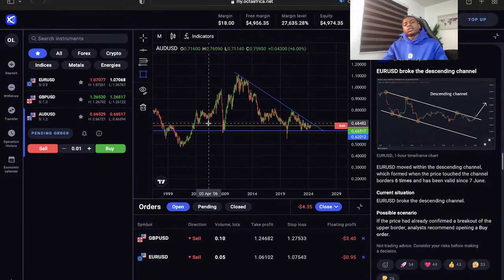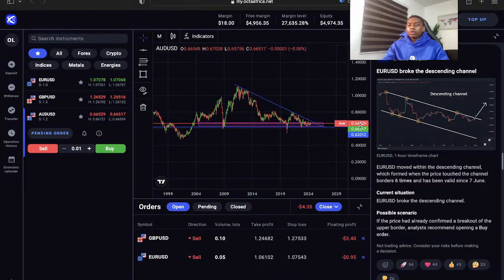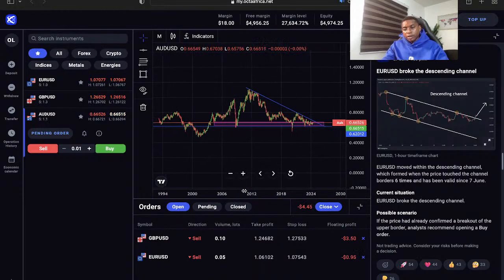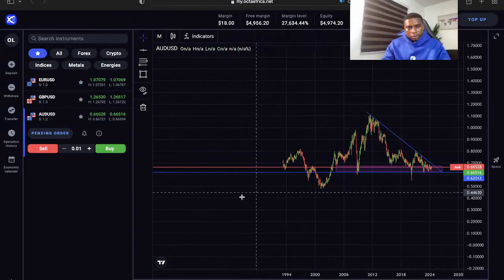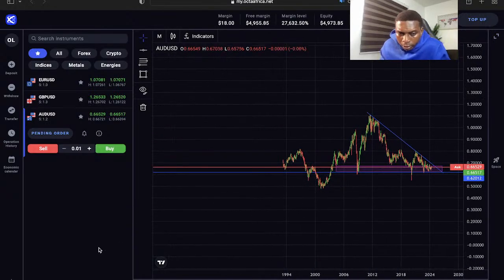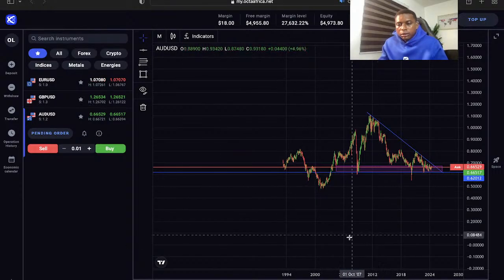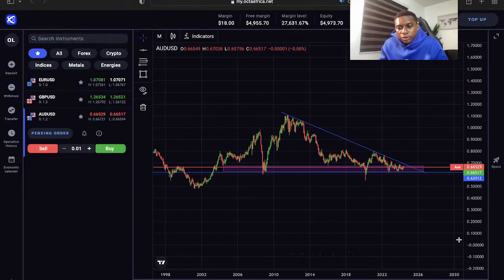Of course you can see that price is currently at a major support zone.